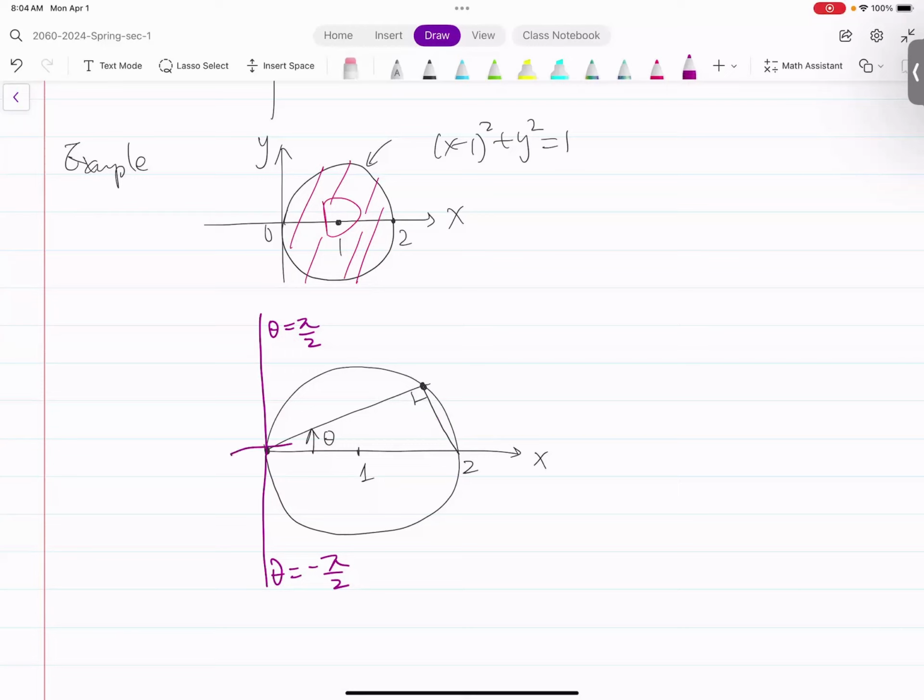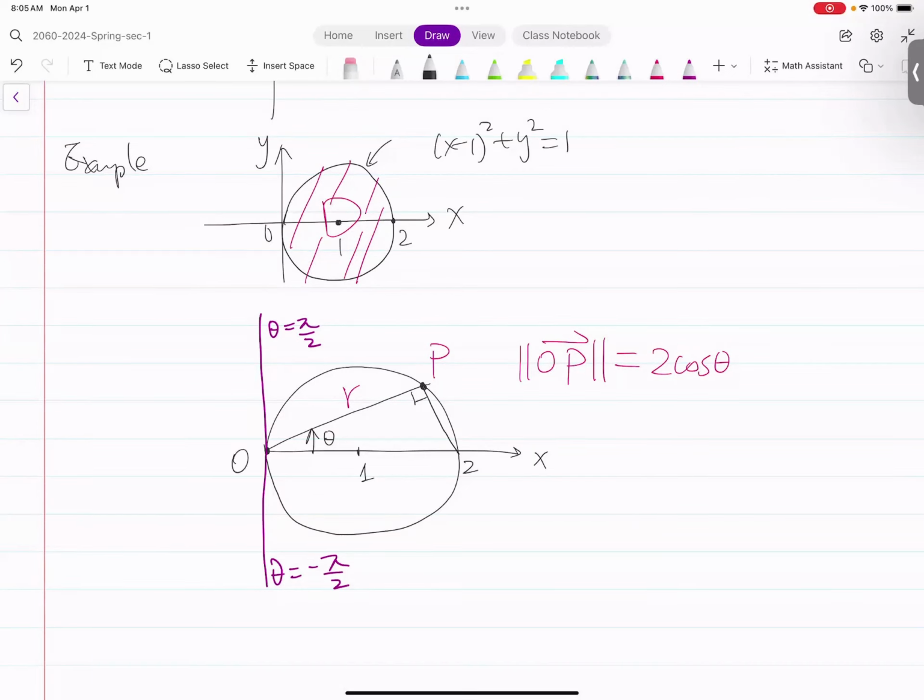We also know that the hypotenuse is the diameter, which has length 2. Let's call this point P. So the distance from the origin to P, this vector OP, has a magnitude of 2 cosine theta. So the distance from P to the origin O, this distance r, is exactly 2 cosine theta.